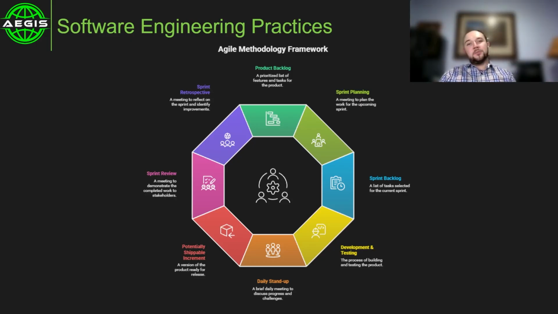So going over this graphic right in the middle of the screen very briefly, to build AEGIS in a way that's reliable and adaptable for our users, we're following the agile software engineering process. This has things such as sprint planning, sprint backlog, and then pulling all that into the development and testing process.